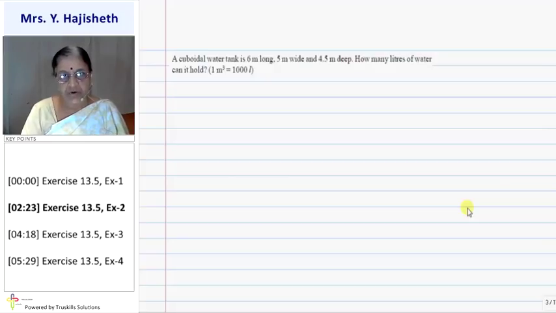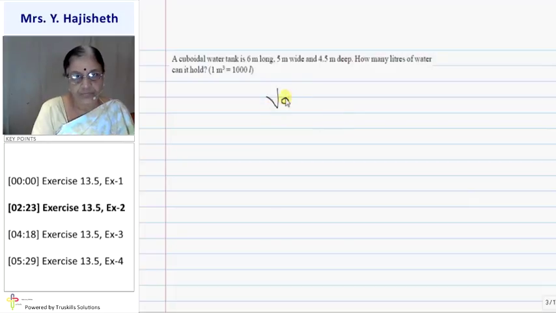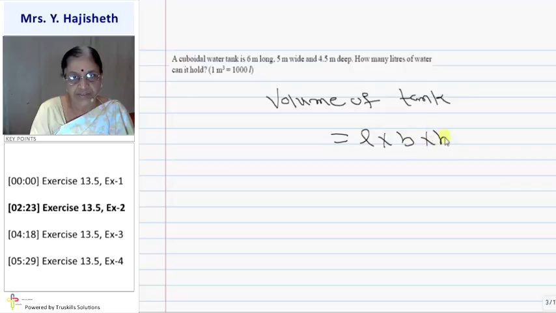That gives you how many liters of water it can hold. So first I will find out volume of tank, that is L into B into H. So that is 6 into 5 into 4.5 meter cube.